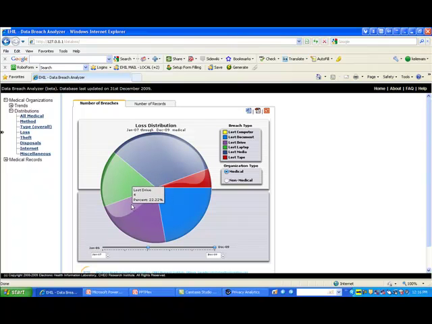So we put laptops and drives together in terms of loss. They constitute a large percentage of the breaches that are reported. These charts are on our website, so you can play around with them to see what the trends are. In terms of insiders, more recent data that came out this year shows that the percentage of insiders is closer to 50% rather than the 25% that I showed you.